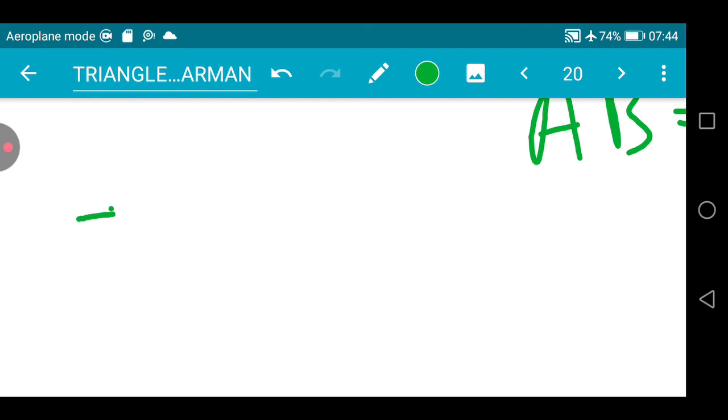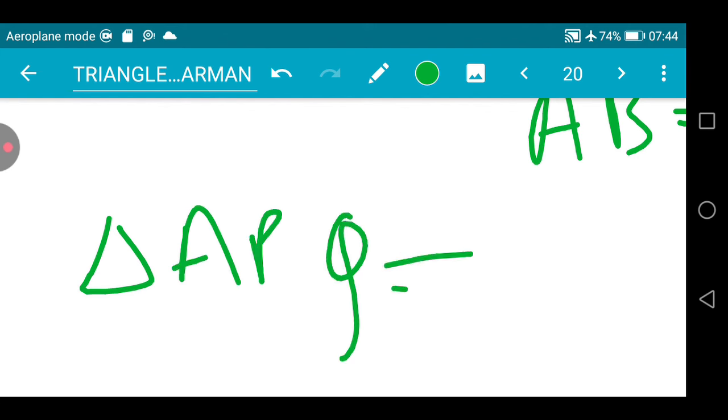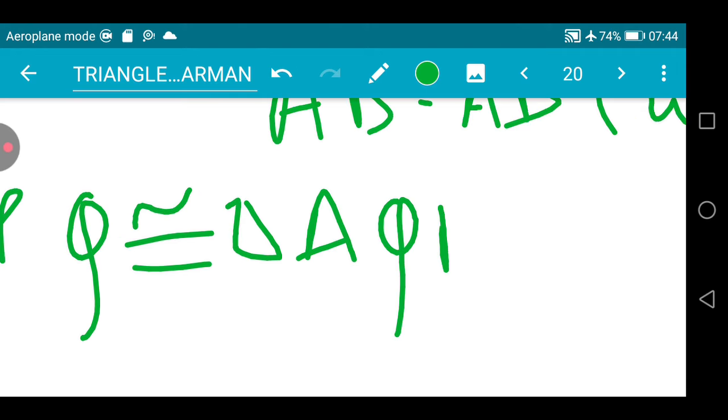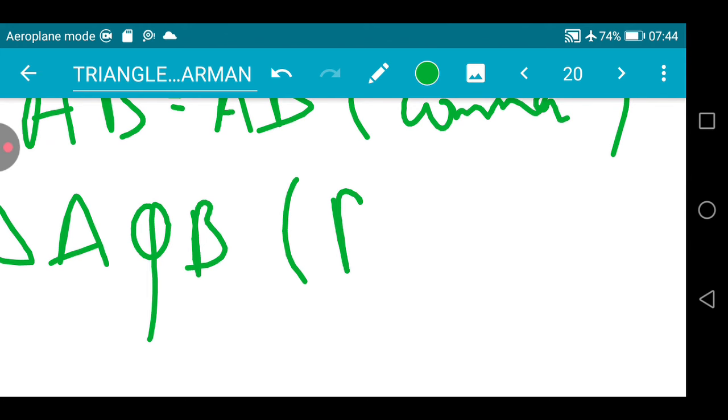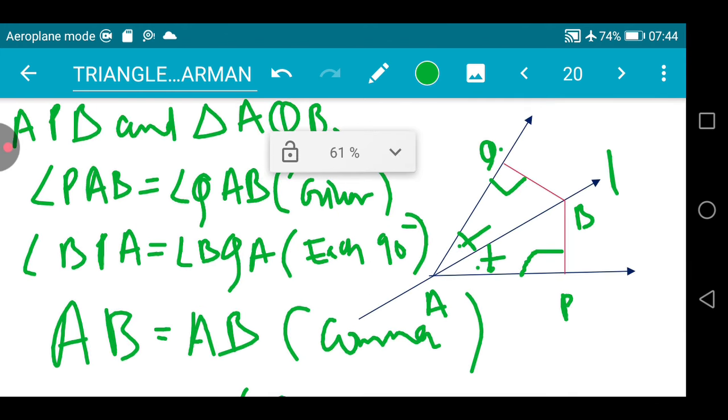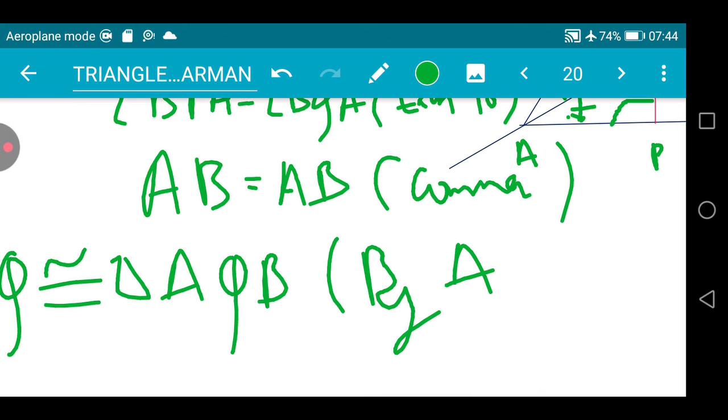So what we have done: triangle APB is congruent to triangle AQB by angle side. We have PAB equal, this angle equal, and AB equal to AB.